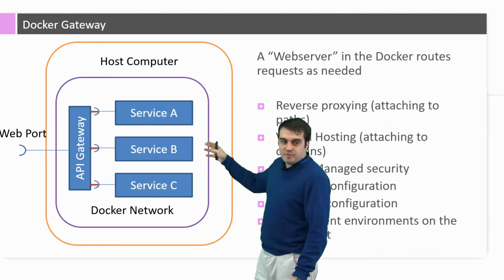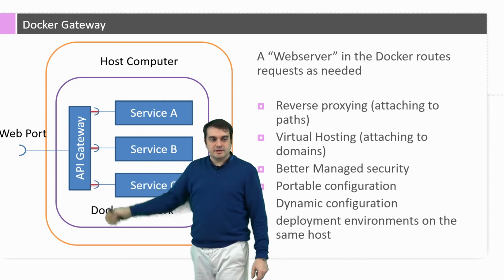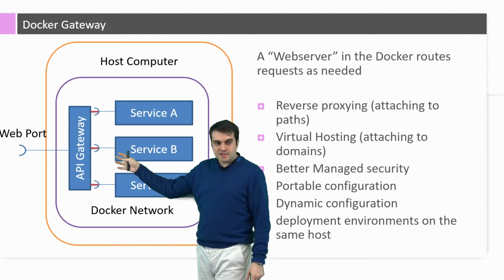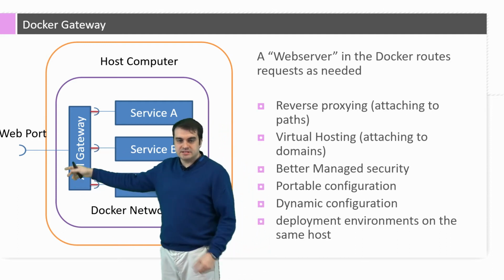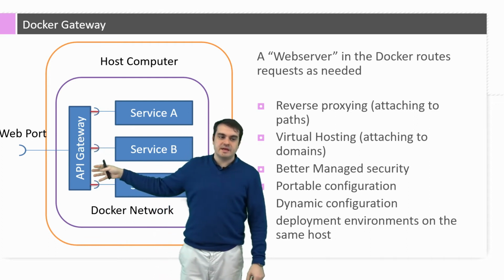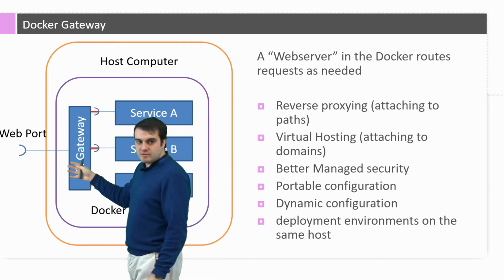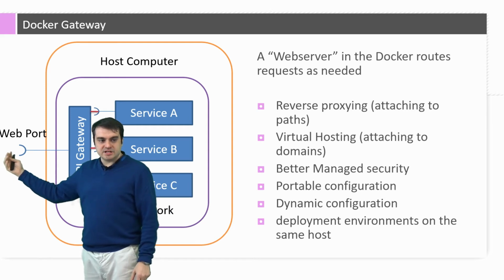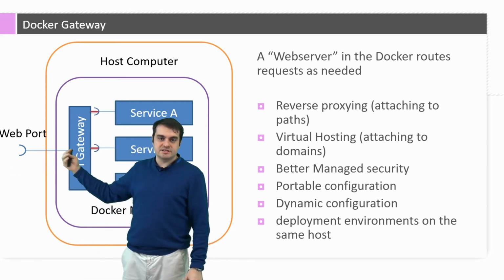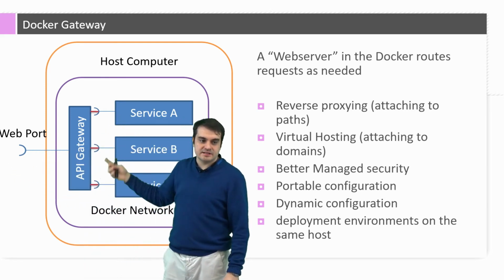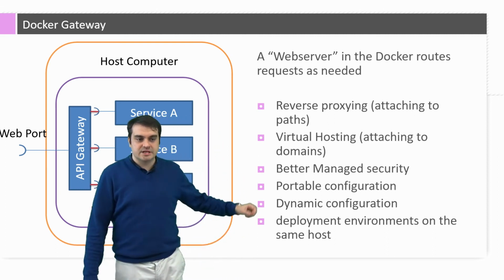We can deploy the web server inside Docker, our Docker network. In this case, this is typically called the API gateway. The API gateway is in charge of receiving the web requests, and then redirecting them to each of the services.